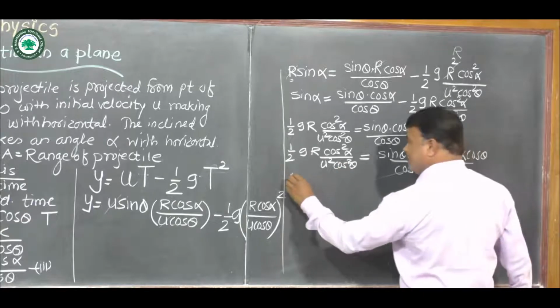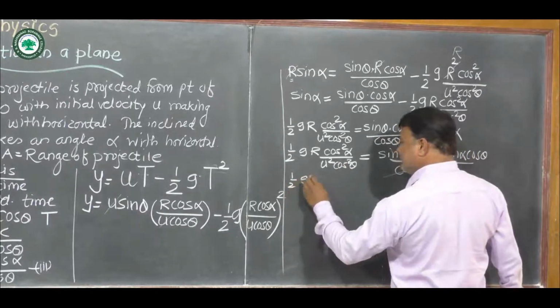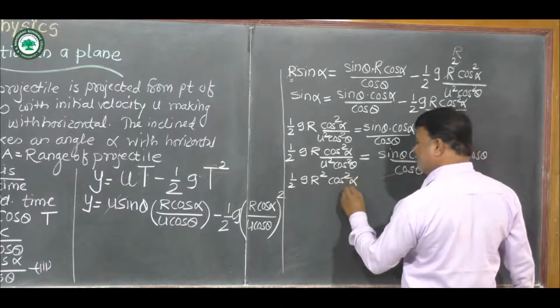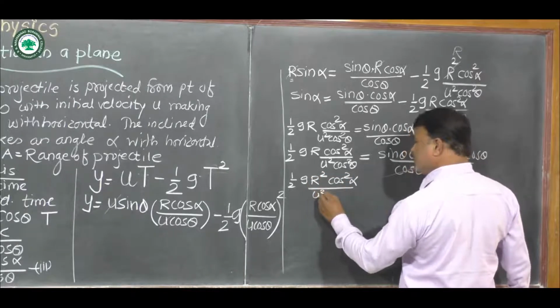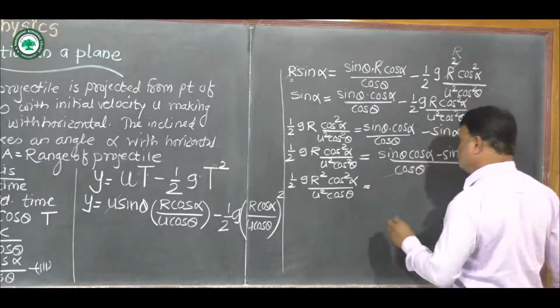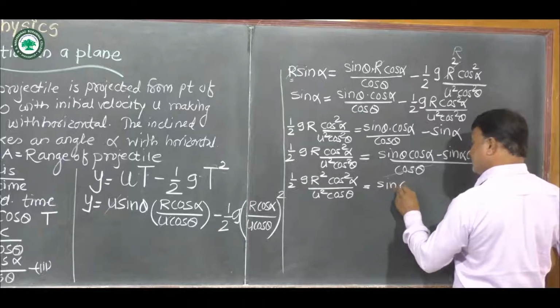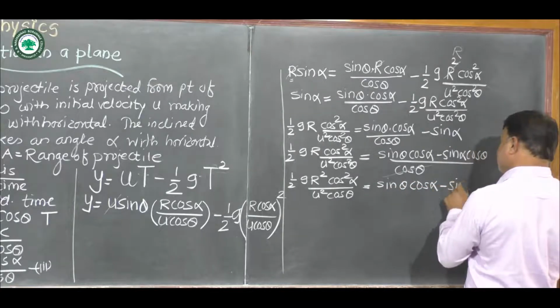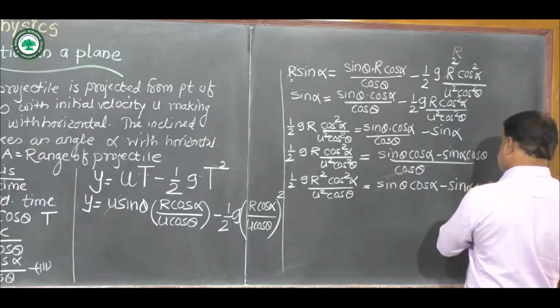So we write here half g r cos square alpha upon u square cos theta is equal to sin theta cos alpha minus sin alpha cos theta.